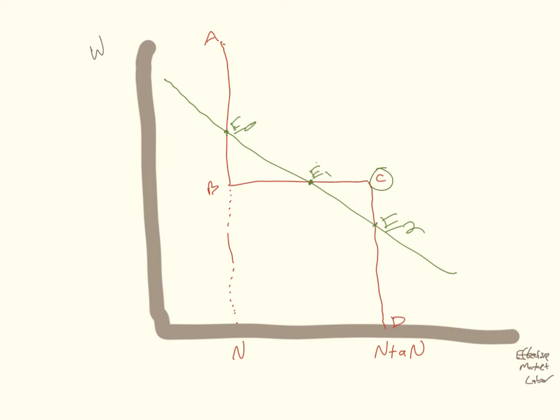So what could we do? Well, regulation could come about. Ban kids from working. What's that going to do? Well, that then truncates labor supply. An effective ban means labor supply just becomes this line here, meaning we would then have equilibrium E0.